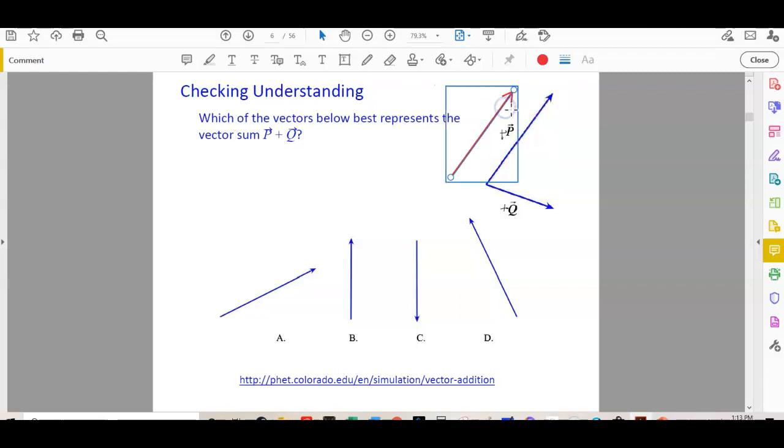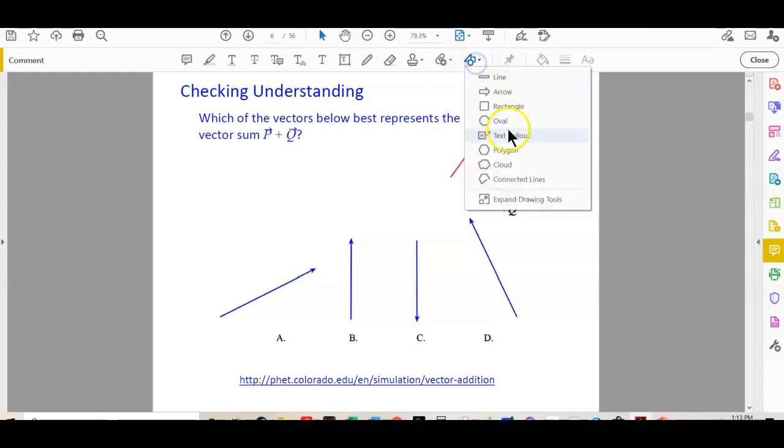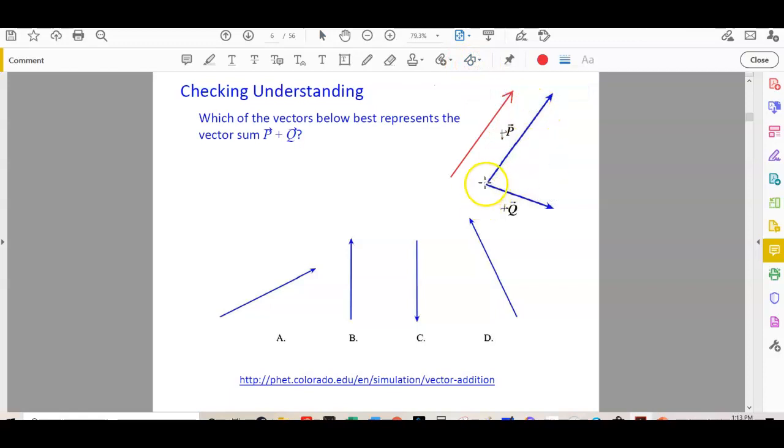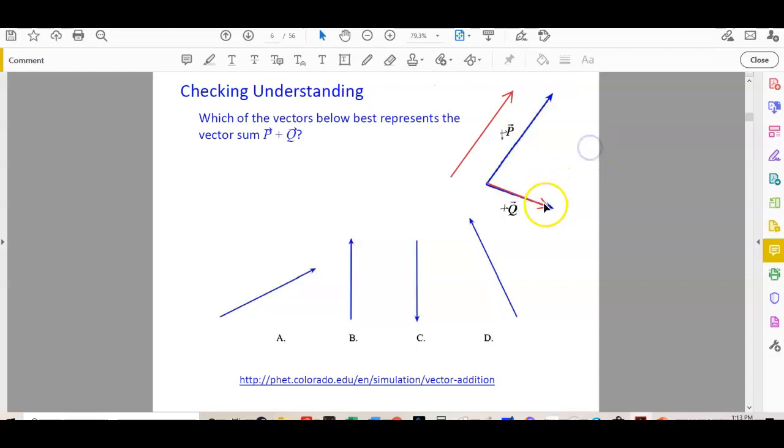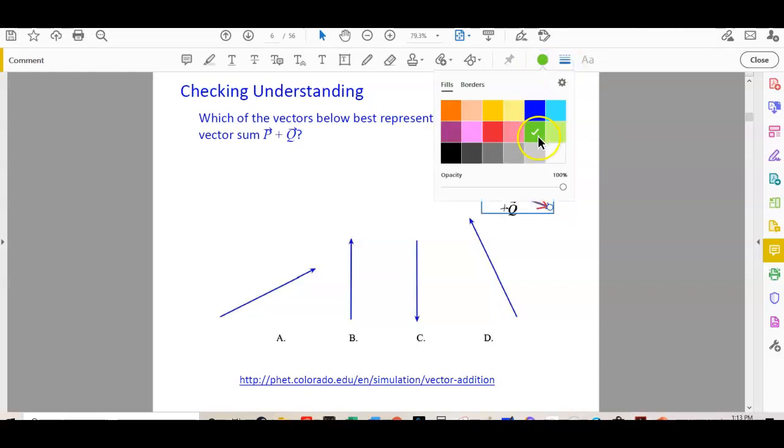So the P vector is going to be red, and I'm going to make a Q vector that is going to be a green color.